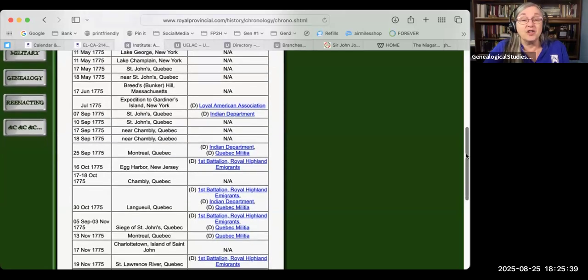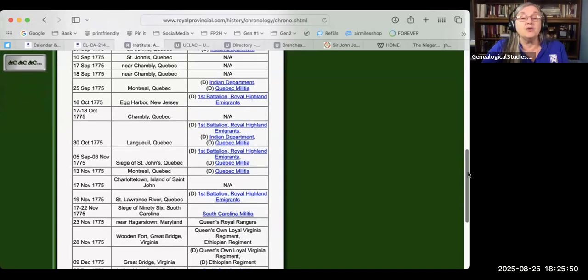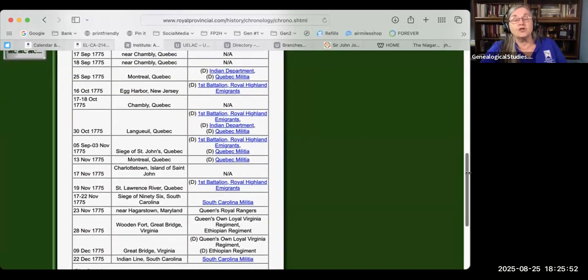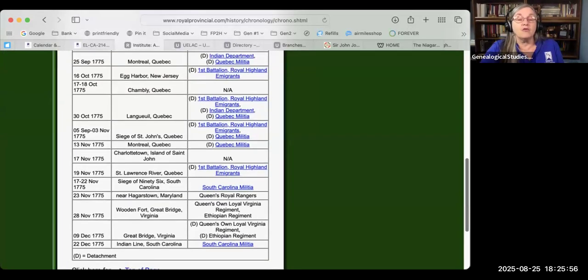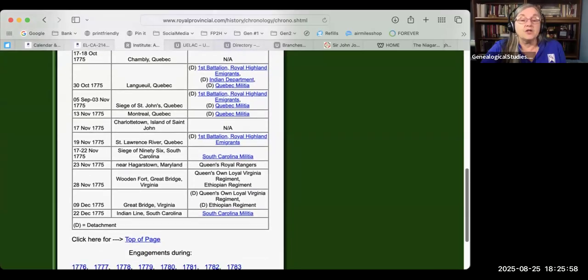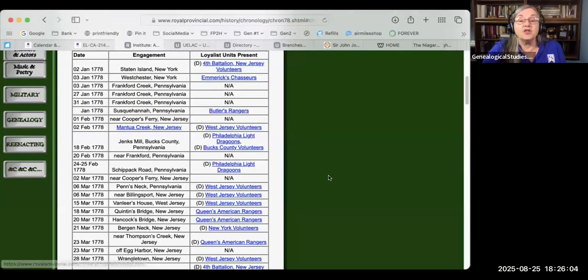So even the terminology. The loyalist history is from the British perspective because they supported the British. But you should research both sides of that battle to get an understanding of what was happening. And so this is really good if you knew the specific year that he was in. Then you can just click to it.